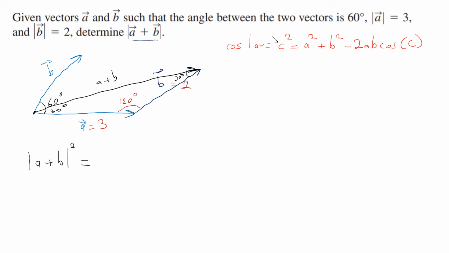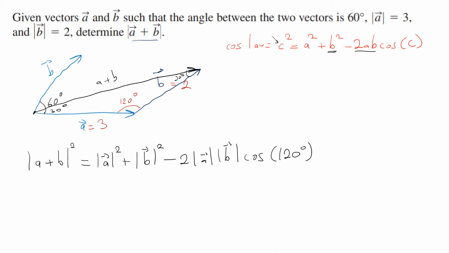A and B are the sides, so all I need to do is take the magnitude of A, square it, plus the magnitude of B squared, minus 2AB, so now I don't square it, but I still put 2 and A, B, these are times, and then cos of the degree I have between them, which is 120 degrees.